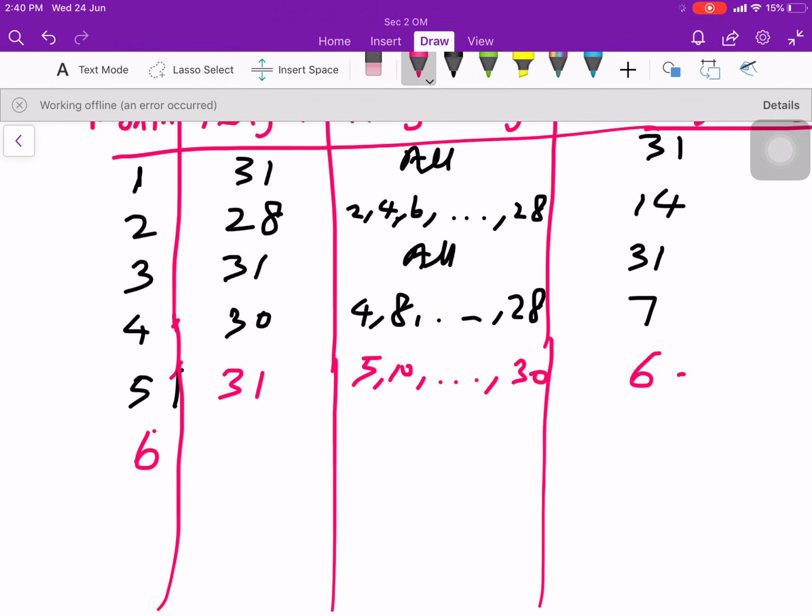Then if you look at 6, which is June, you got 30 days.